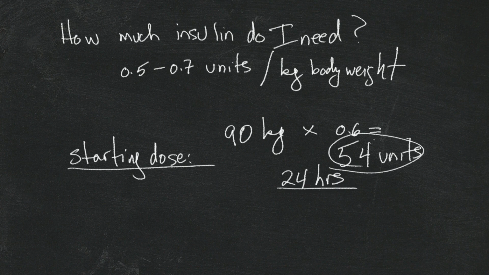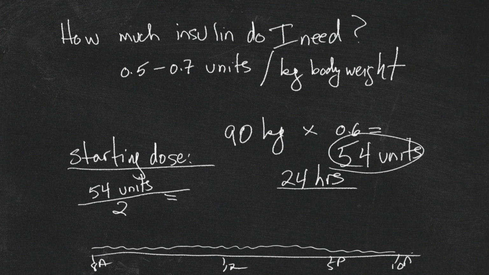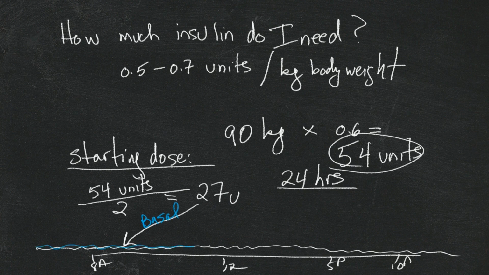So what we're going to do is take those 54 units, divide them in half. Why? Because Joe needs half of his amount just to keep him going all day. So 2 into 54, exactly 27. So 27 units will be given for my background or basal dosing, meaning that's how much insulin I need to keep me going without even doing anything or eating anything.